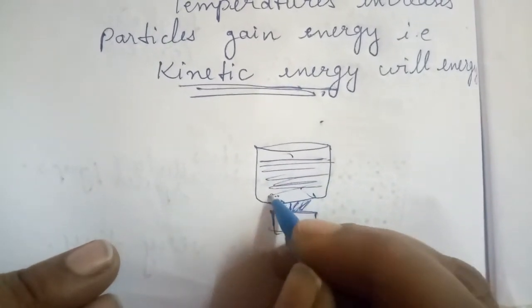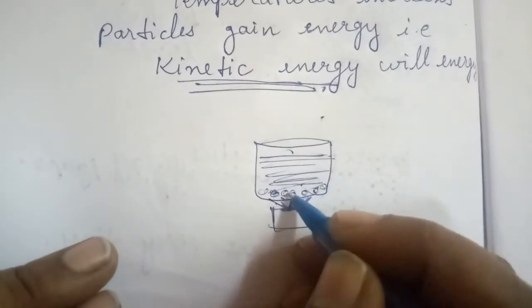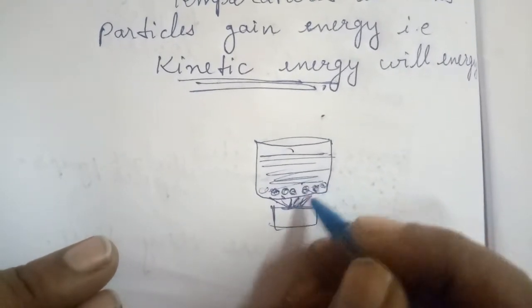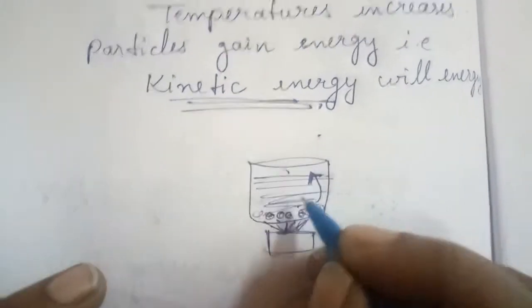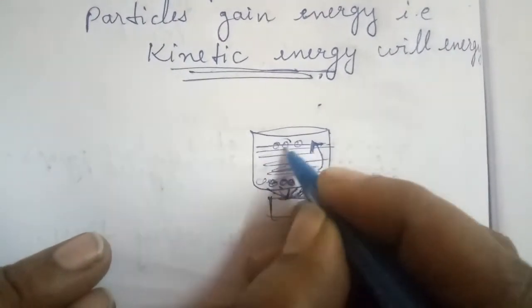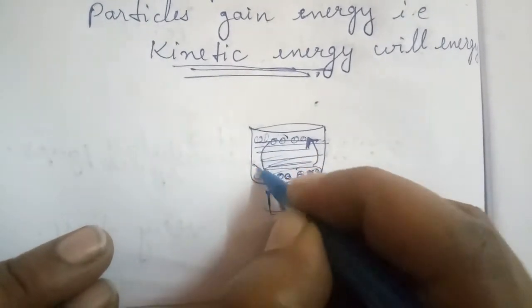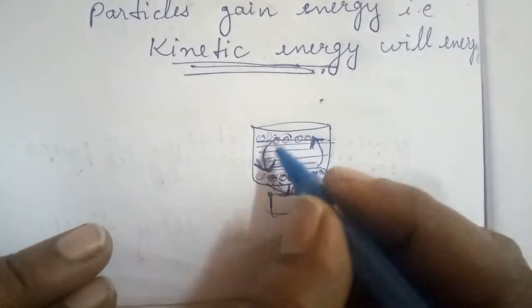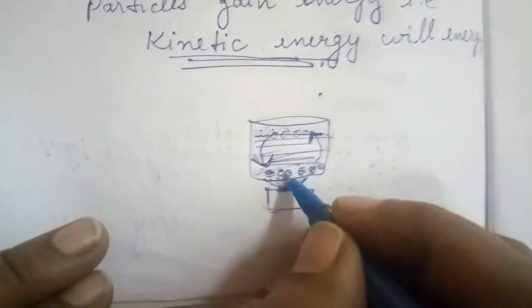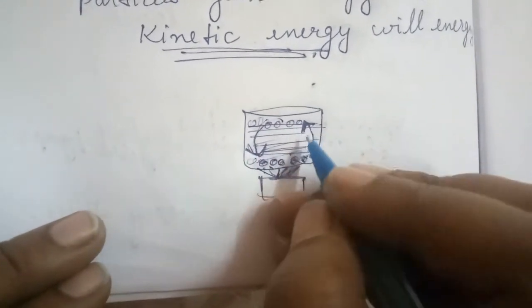First, the water molecules on the lower side get heated up, and as these lower particles gain energy, they start moving towards the upper side, and the upper particles, as they have less energy compared to the lower particles, move down to gain energy, and this cycle goes on continuously. There is movement of particles, and still they gain energy.